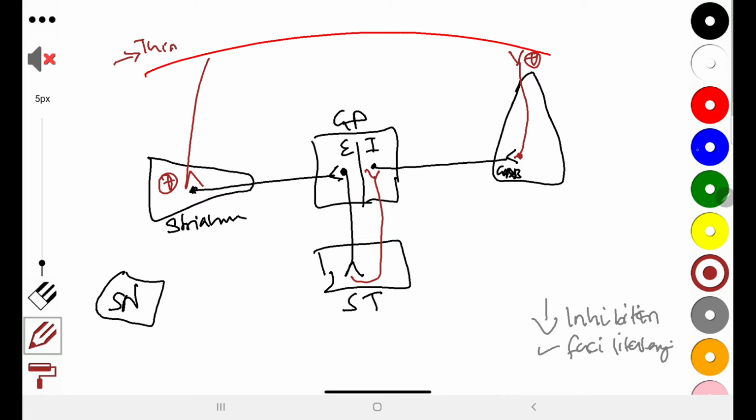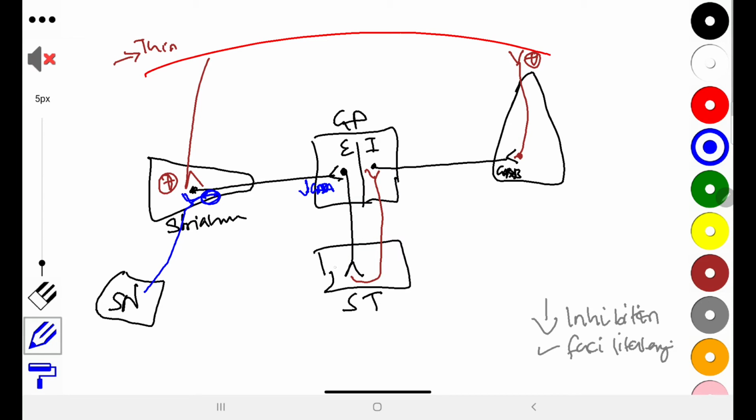But what happens now when there's dopamine? So dopamine will come in and it's going to inhibit the amount of GABA that is being released in the externa. So once you reduce the GABA here, what is going to happen is now you are stimulating the pallidosubthalamus.